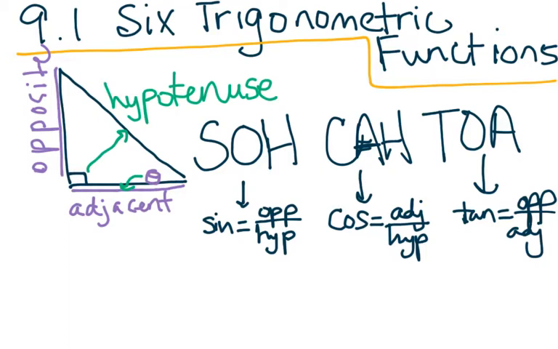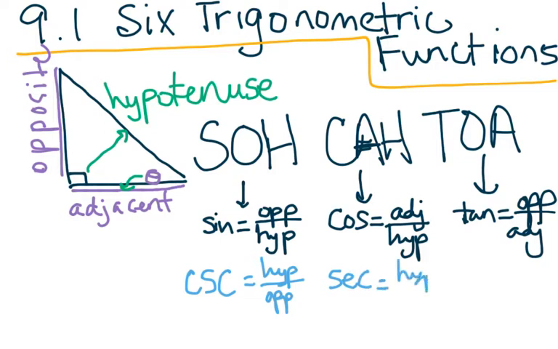For sine, the inverse is called cosecant, which is exactly upside down: hypotenuse over opposite. The inverse of cosine is called secant, and that is the hypotenuse over the adjacent. And then this one is called cotangent, which is the adjacent over the opposite.